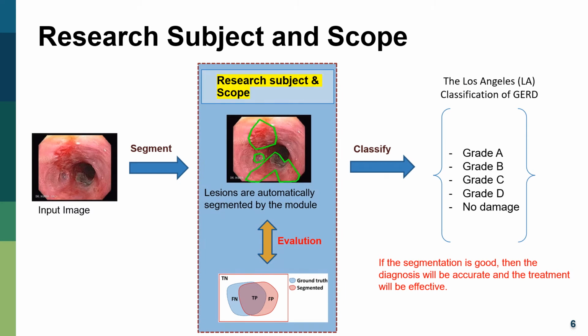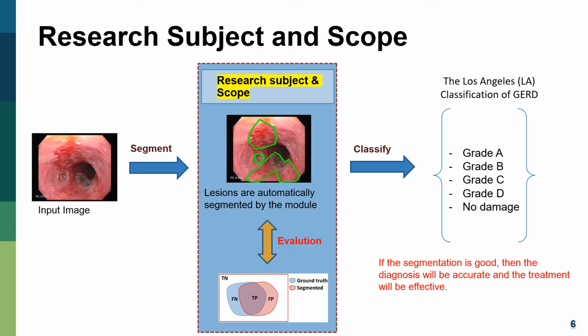Depending on the extent of the symptoms, the specialists can categorize the severity of gastroesophageal reflux disease into 5 types: Grade A, Grade B, Grade C, Grade D, and no damage, according to the most widely used Los Angeles classification system. To do so, segmentation is the first, but most important step.